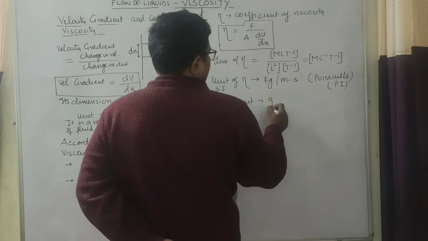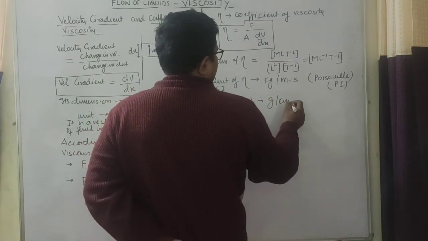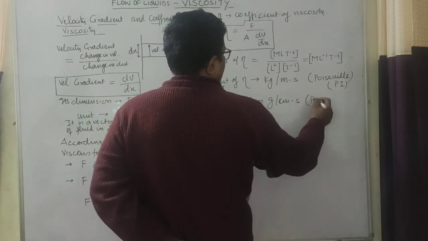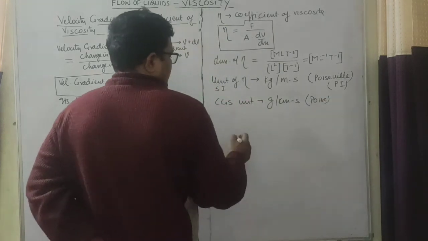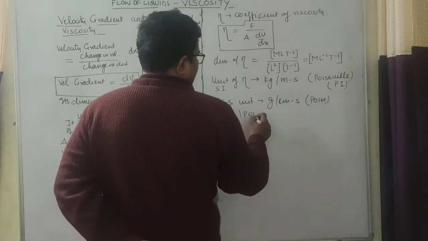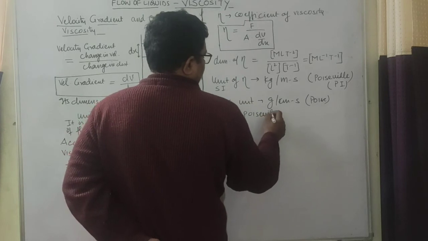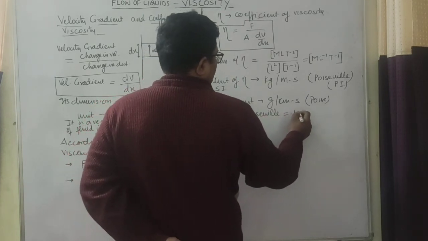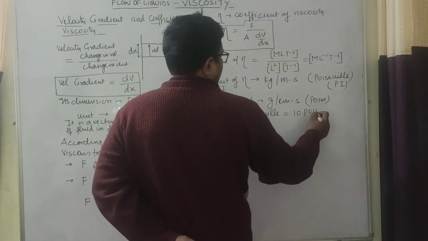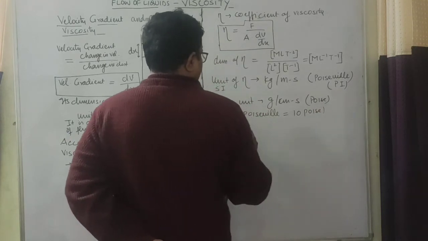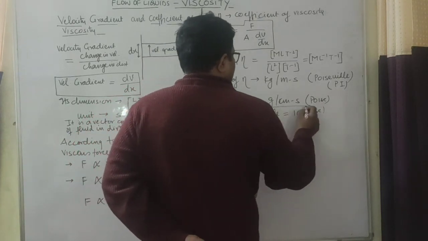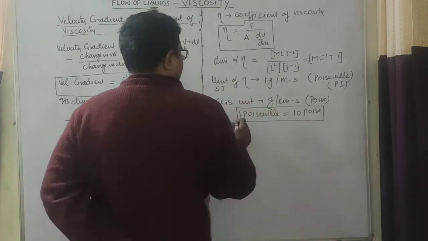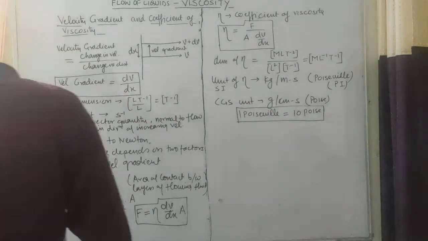CGS unit is gram per centimeter second, which is known as poise. So 1 Poiseuille is equal to 10 poise. This is the relation between SI and CGS unit of coefficient of viscosity.